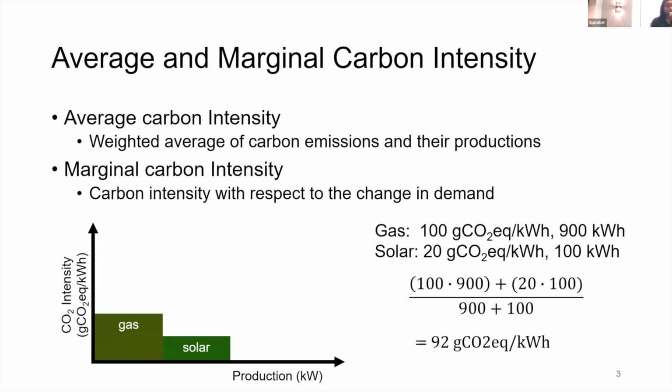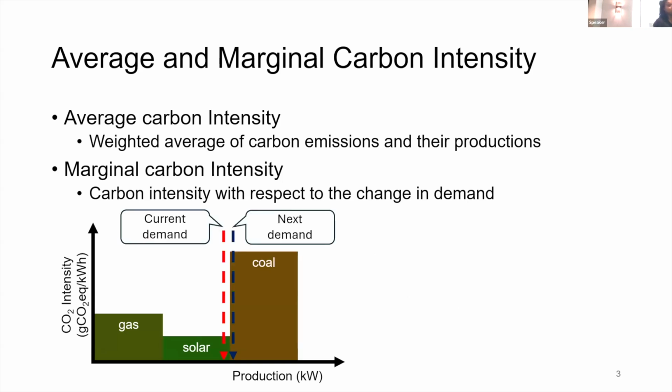Marginal carbon intensity, on the other hand, is the carbon intensity with respect to the change in demand. Here, the next unit of demand is served by the coal generator, and the marginal carbon intensity is the carbon intensity of coal.